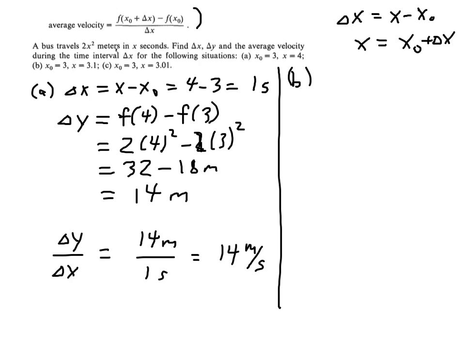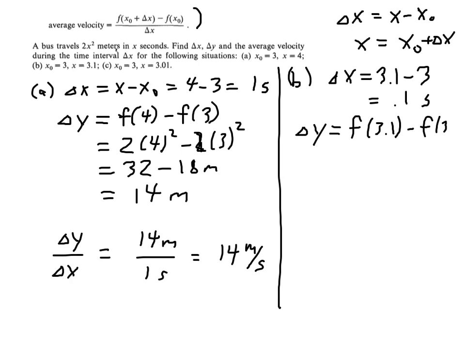Let's look at the second situation, when x naught is 3 and x equals 3.1. So the time elapsed, delta x, is 3.1 minus 3, or 1/10 of a second. And the distance traveled, delta y, will be the position after 3.1 seconds minus the position at 3 seconds. So 2 times 3.1 squared minus 2 times 3 squared.